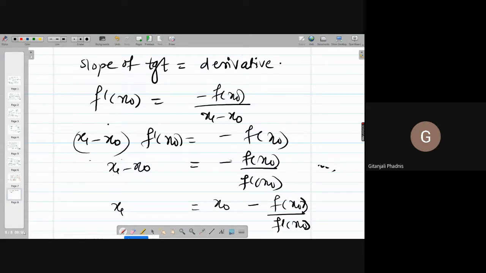I have derived it using Taylor's expansion and using the geometrical aspect, that what you are actually doing geometrically is drawing a tangent and finding its slope. Okay, so we will continue tomorrow with the derivation. We will write the whole thing again.